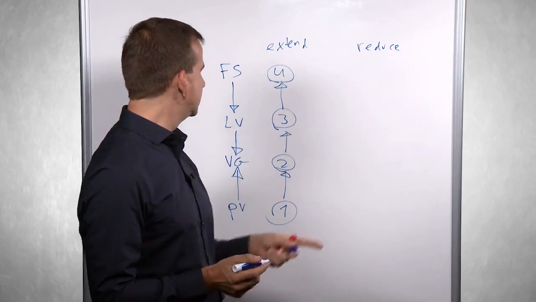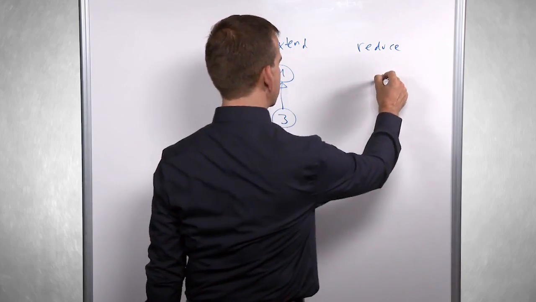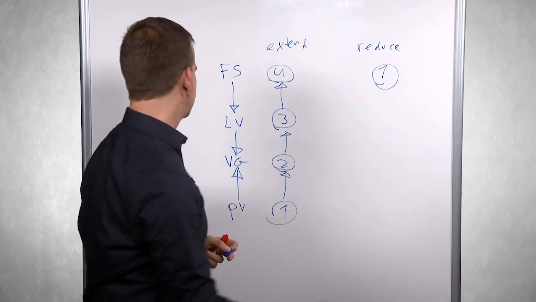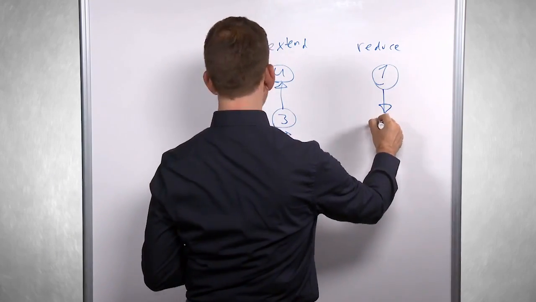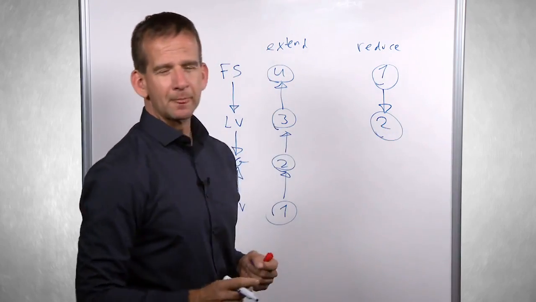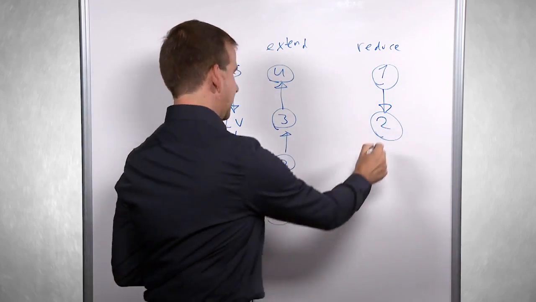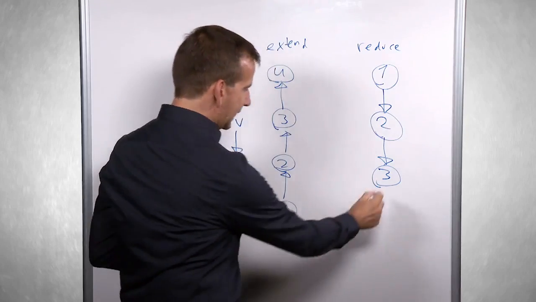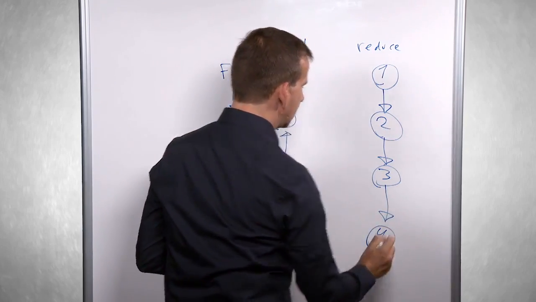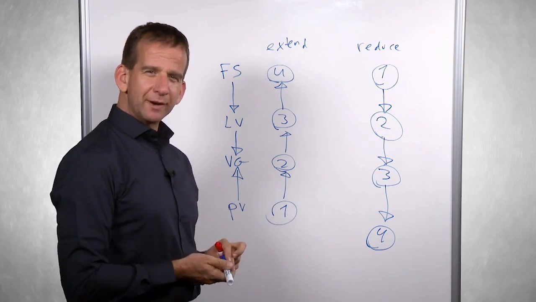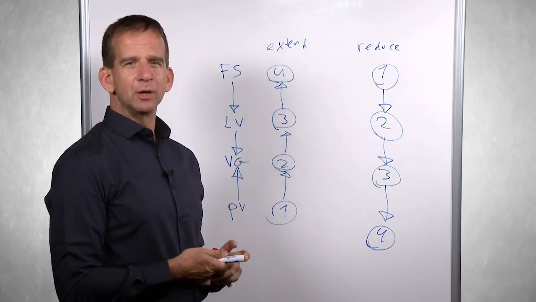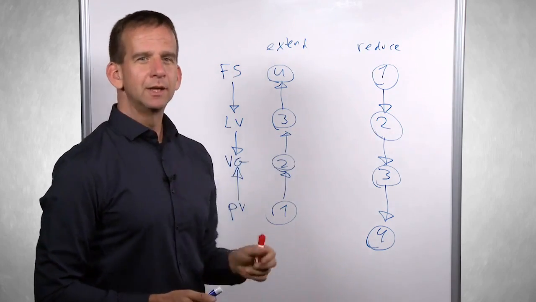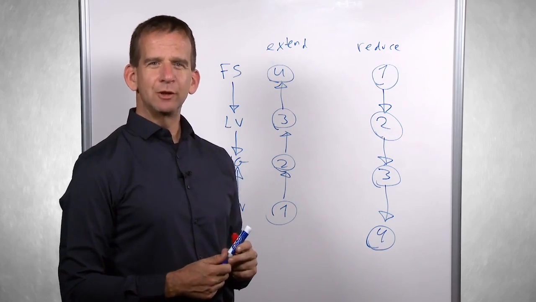So if you are going to reduce, make sure to first reduce the file system. And once you have reduced the size of the file system, you can go on and reduce the size of the logical volume. And if you have done that, you can also reduce the size of the volume group and take away physical volumes you don't need anymore. So it's very important to really think about the order of resize operations. And in here you can see the order that you need to apply for any resize operation.